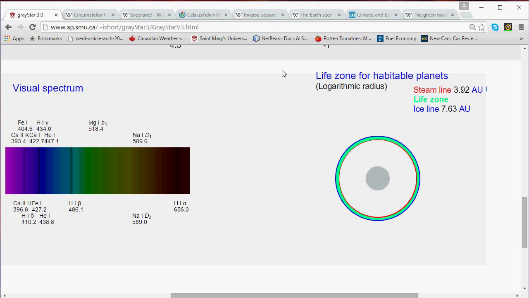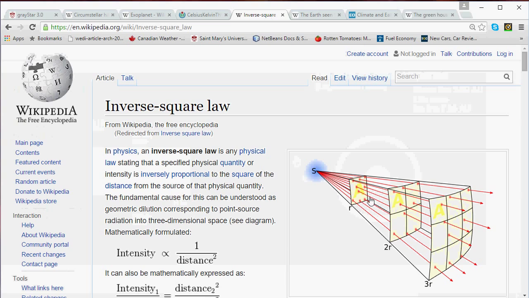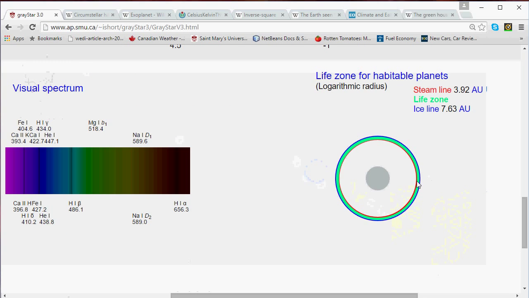Remember that the flux goes down as the inverse square of the distance from its central star. And so out here is where it has to move so that it is still intercepting the right amount of flux to keep the temperature in the right range for the planet to be in the habitable zone. So this result makes sense.